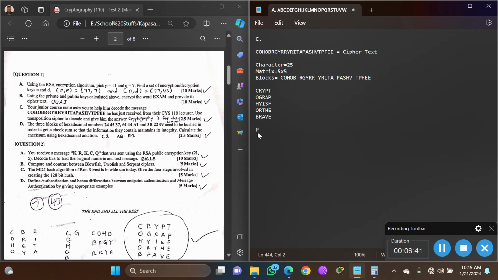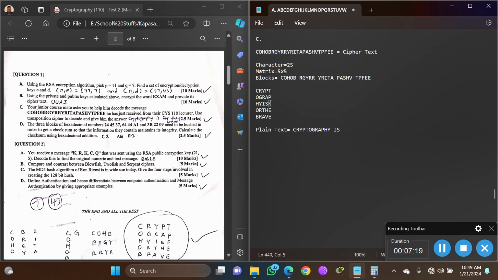Now, our plain text, because that was the cipher text, will read as follows. From here, this is cryptography. Then this is, so we say is.